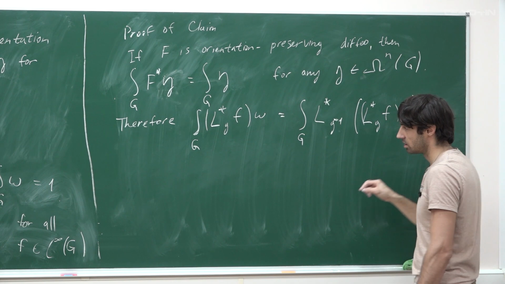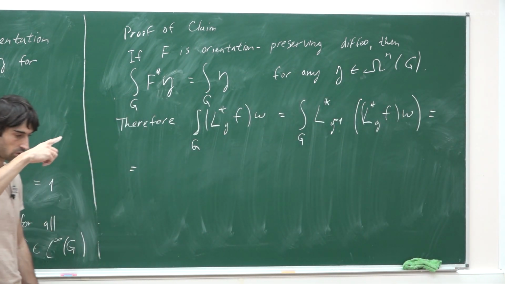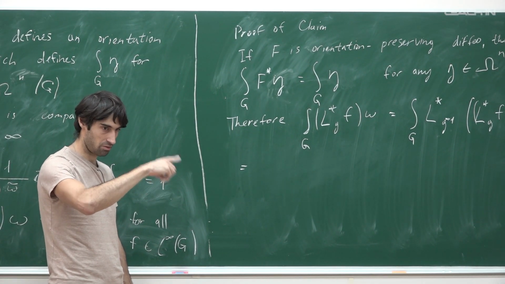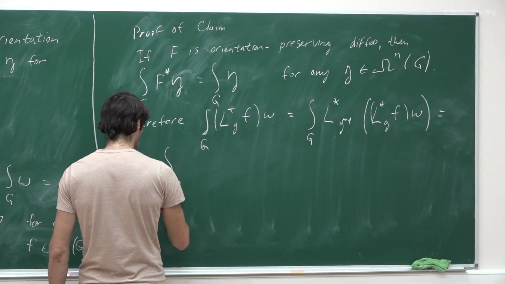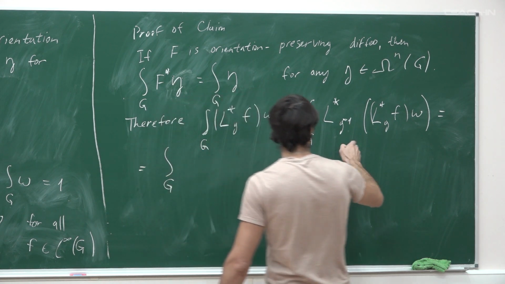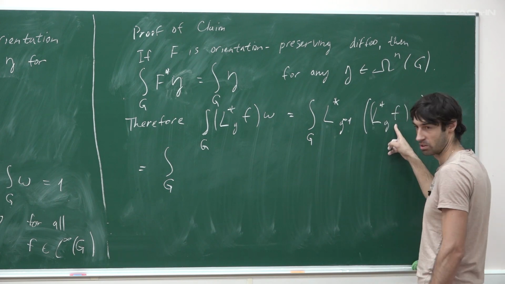But then remember our formula that F star applied to f small omega is F star of f small times F star of omega. So this is the integral over G, and this composed with this is just f.